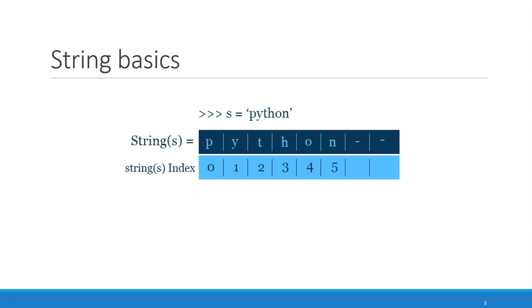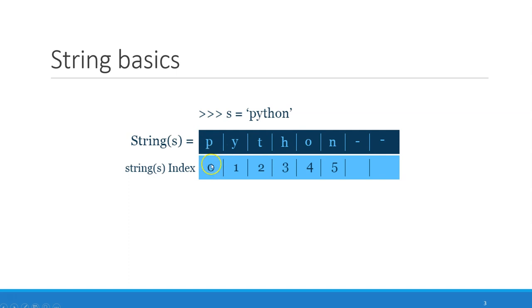Okay, so if I have a string, and let's assume the name of the string is S and its value is Python. The way it's going to be stored, as I said before, is as a sequence, and they have an order. So these letters, P, Y, T, H, O, and N, are going to be located in special locations, and these locations have indexes.